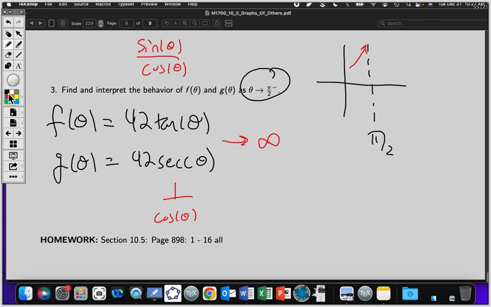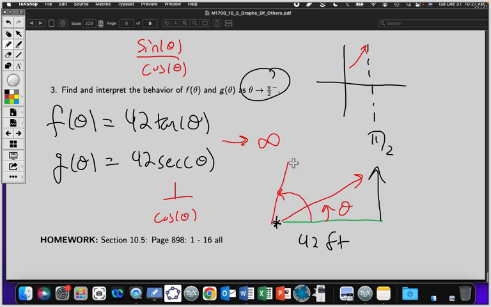Now, does that make sense? Well, let's think about it. Here's the observation point. We're 42 feet away, and the rocket is heading up. Okay, so the further up it goes, that's theta. So theta going to pi over 2 from the left, this would be like our angle of observation, our angle of inclination.